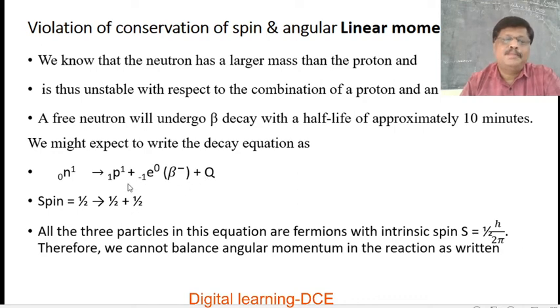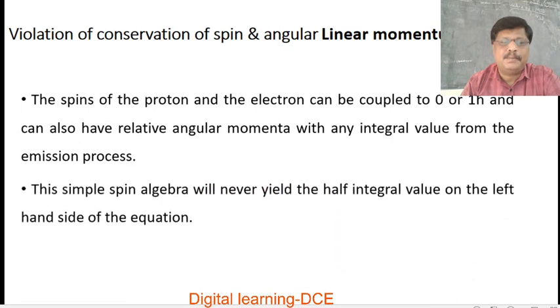Then only the spin on the left hand side and right hand side becomes equal: half plus half plus half gives half integral spin. So in addition to these two particles, another fermion having spin 1/2 should be present on the right side to balance this equation and to explain the law of conservation of spin and spin angular momentum.